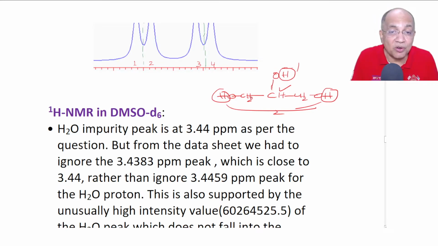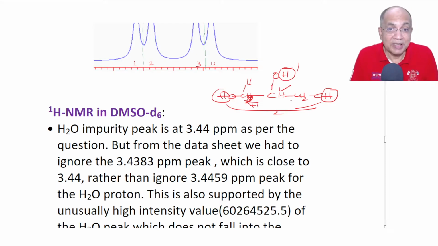Why? Because there are two protons. Although these two protons are non-equivalent, accidentally for this OH proton they have similar J values. So it is a triplet. So these two protons will be having a triplet.